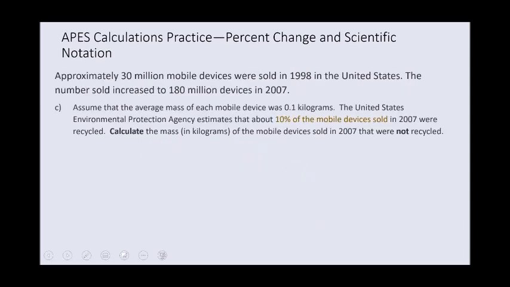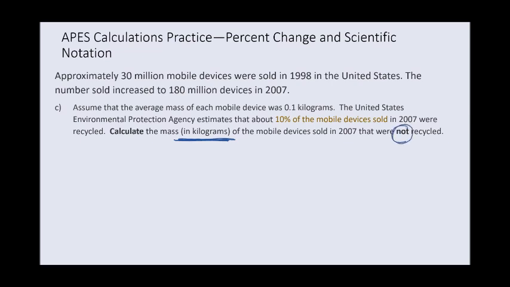C, assume that the average mass of each mobile device was 0.1 kilograms. The United States Environmental Protection Agency estimates that about 10% of the mobile devices sold in 2007 were recycled. Calculate the mass in kilograms, so they're telling us exactly how they want us to show our answer, of the mobile devices sold in 2007 that were not recycled.